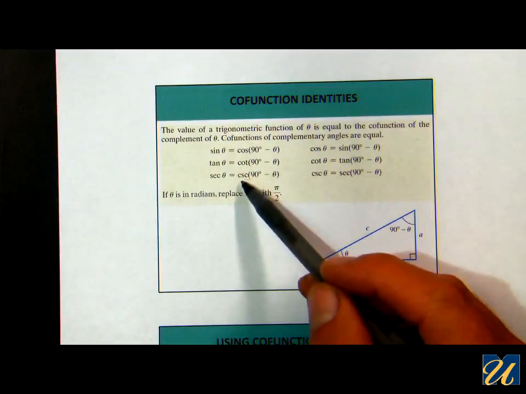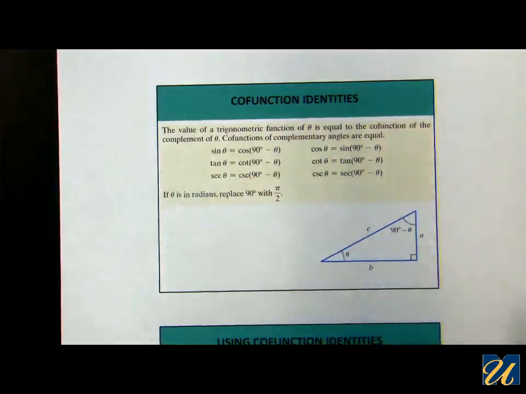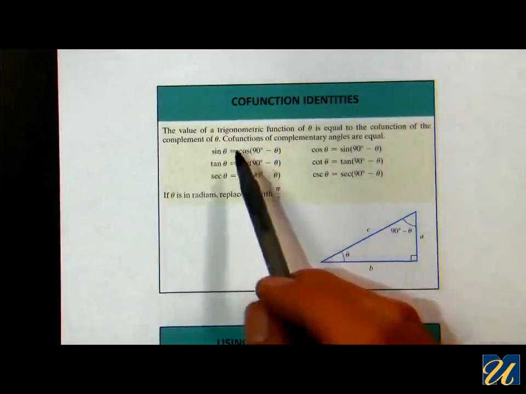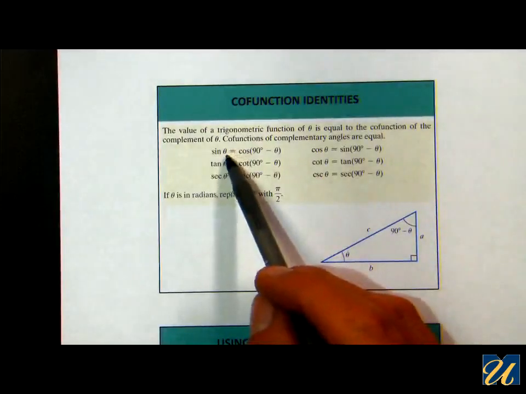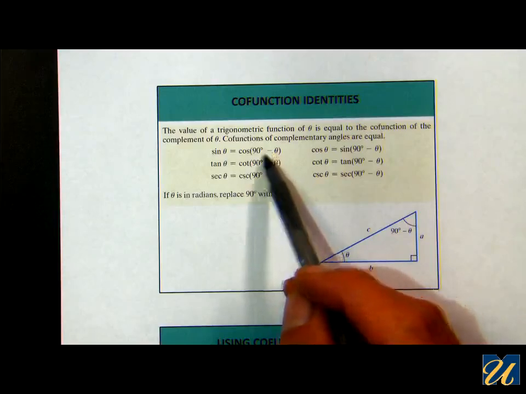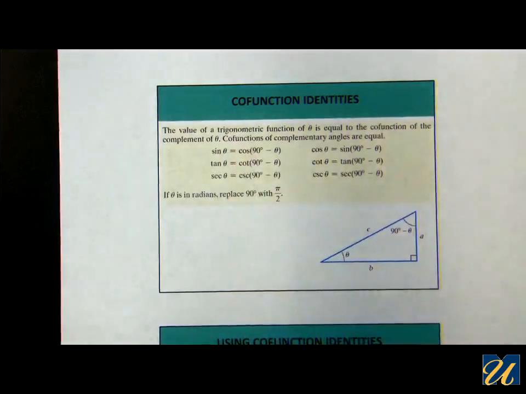Now you understand more about why they're defined the way they are, why their names are what they are. If one is defined at theta and the other at 90 minus theta, and they're co-functions, then they are equal.